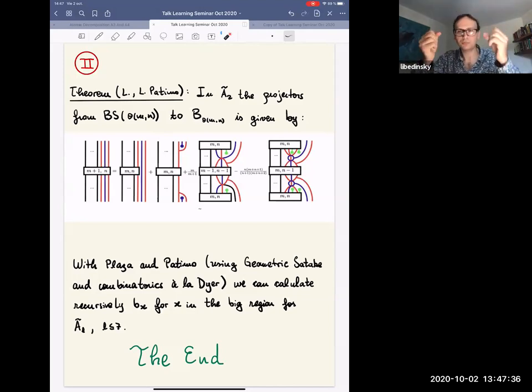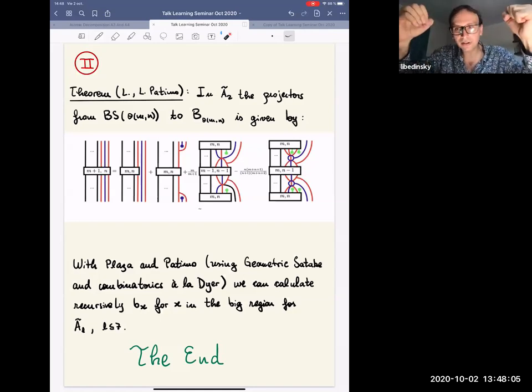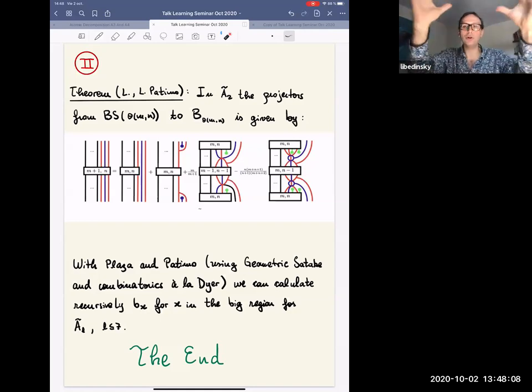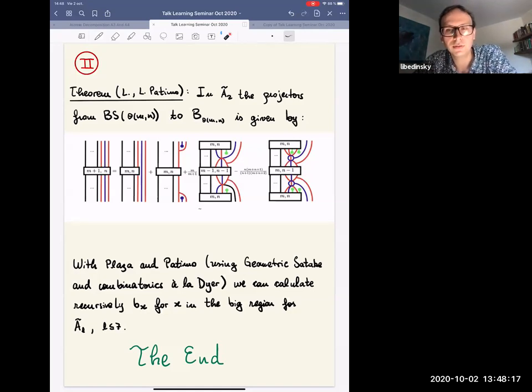For example, in A3 tilde, the big regions are these 24 cones, and they are controllable. And then the walls have these different types of lines, triangular lines and square lines. And the thing in the middle seems to be easier than the lines themselves. So when you go down in dimension, it seems to be more complicated in terms of Kazhdan-Lusztig theory to calculate.